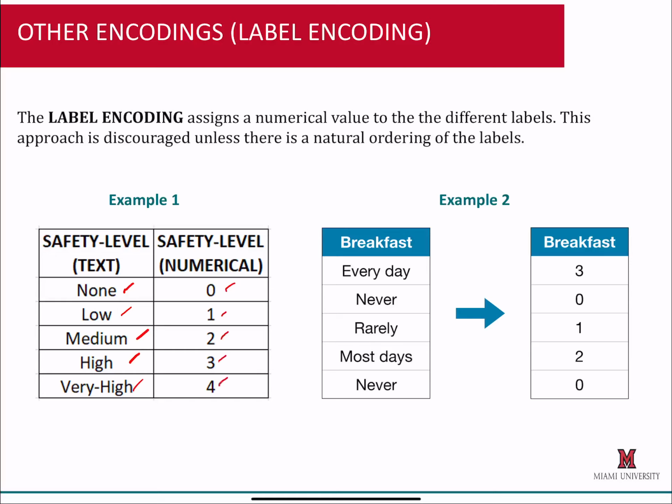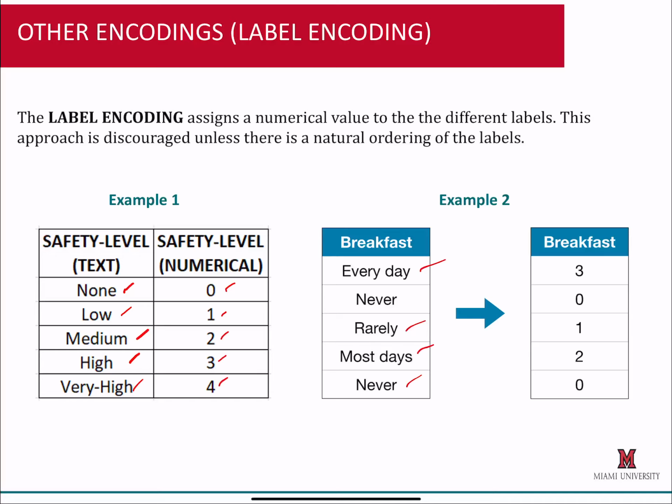If we have another variable, let's say breakfast, and that variable takes the values never, rarely, most days, every day, with 4 different levels, we can encode it as 0, 1, 2, 3. It doesn't have to be 0, 1, 2, 3, 4, and 5. It can be actually any numerical value.